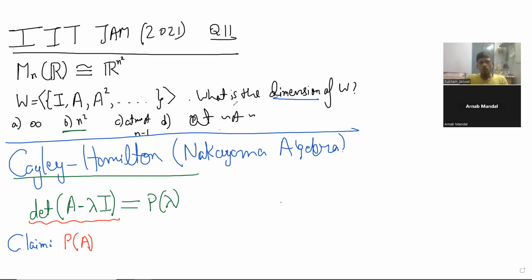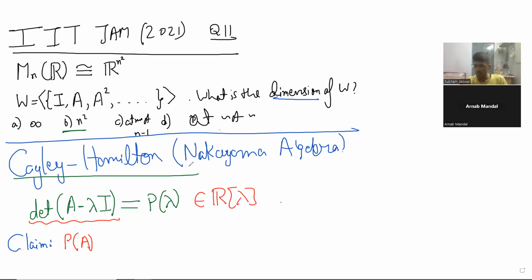So this is basically an element of R[lambda], in this ring. But when I say P(A) is 0, this is saying that in that polynomial, wherever lambda is appearing, you put A everywhere.